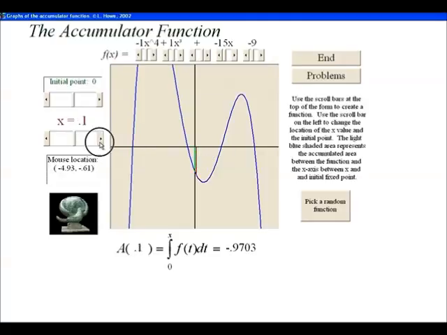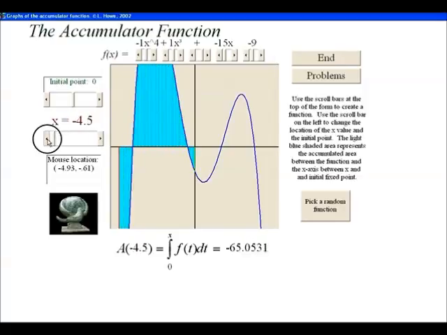This is going to be negative till it gets to this point, and then it's going to be positive and then negative again. If we go backwards, this little bit right here is going to be positive area, then we move into negative area, then back into positive area, accumulating, adding them all up.